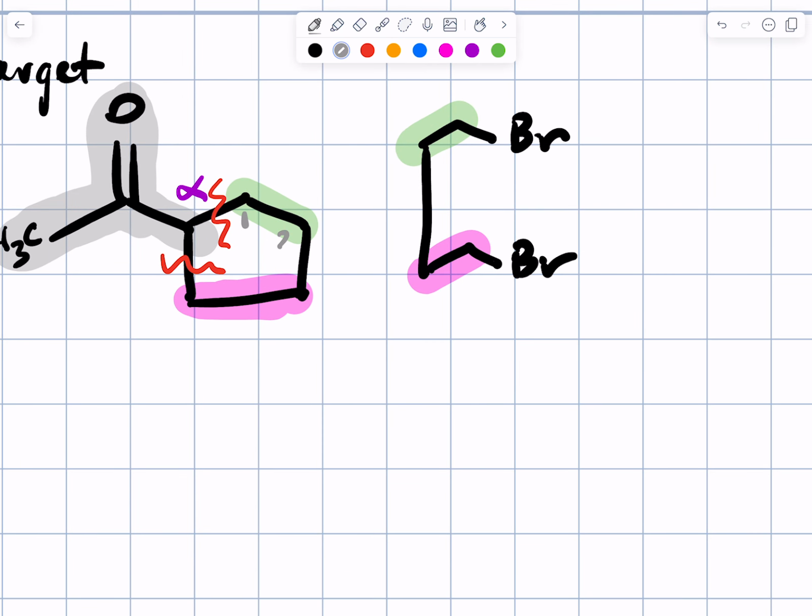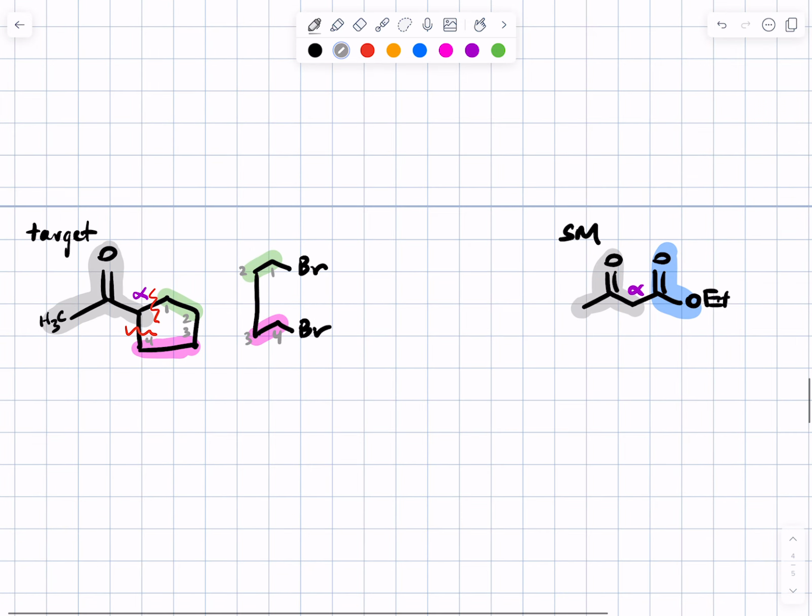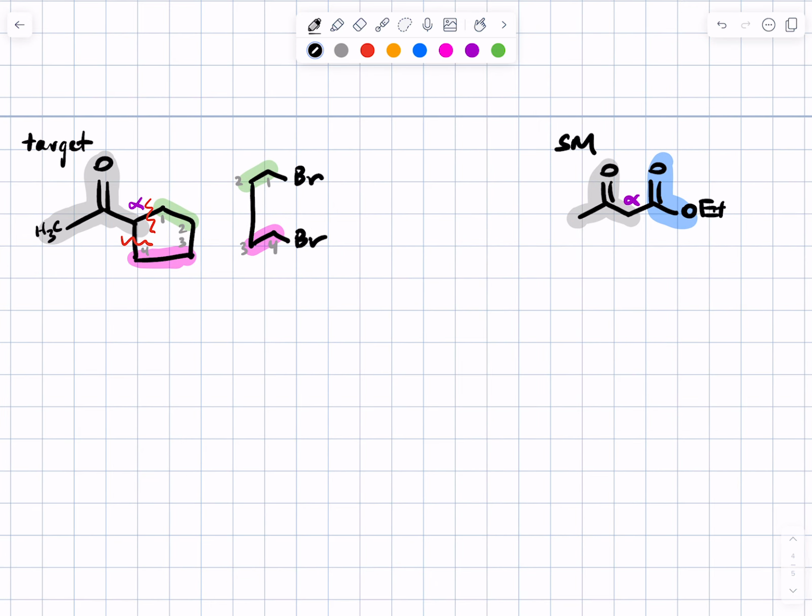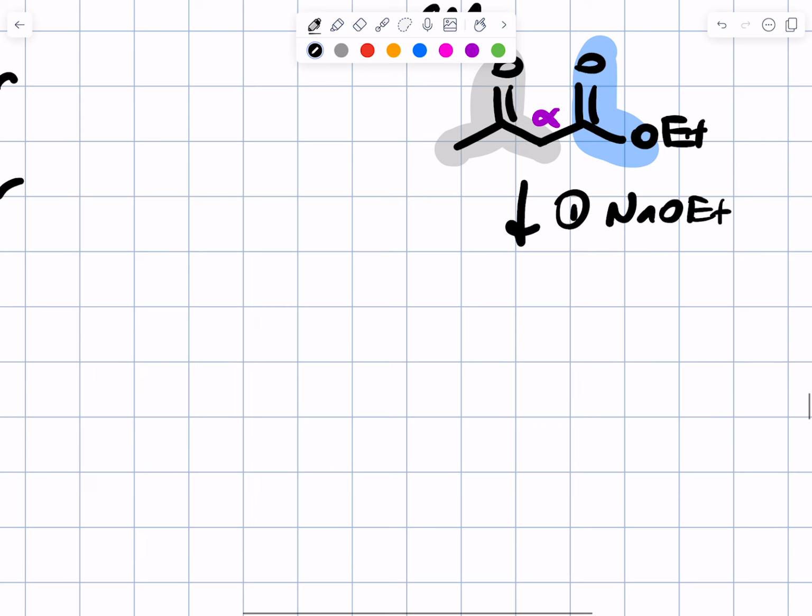Notice 1, 2, 3, 4 atoms. The alpha carbon is bonded to atom 1 and atom 4. So the alkyl halide I need has a leaving group on 1 and another leaving group on 4. Okay, so it's as easy as that. What you're going to do is use sodium ethoxide to make the enolate.